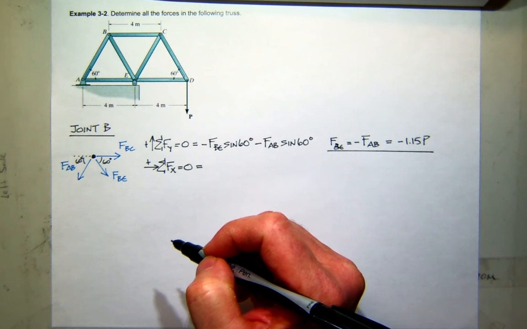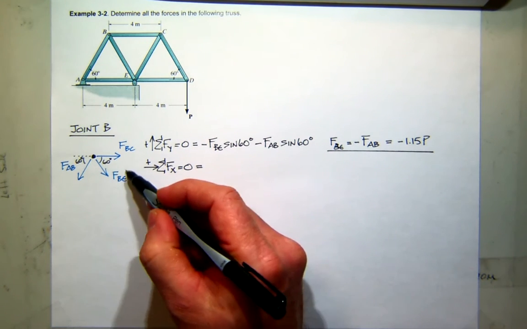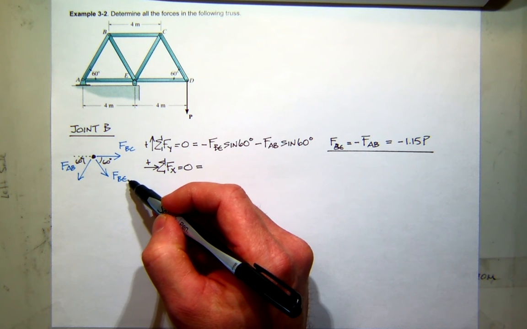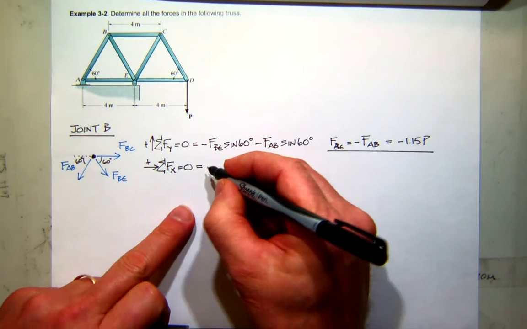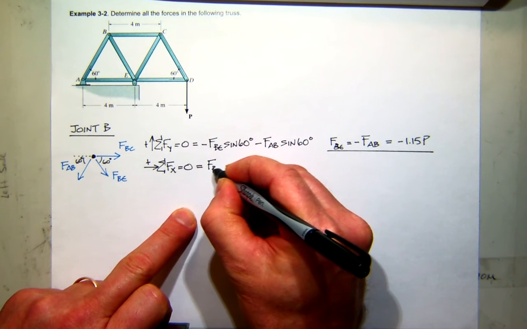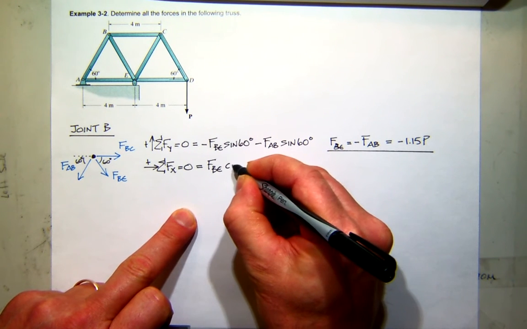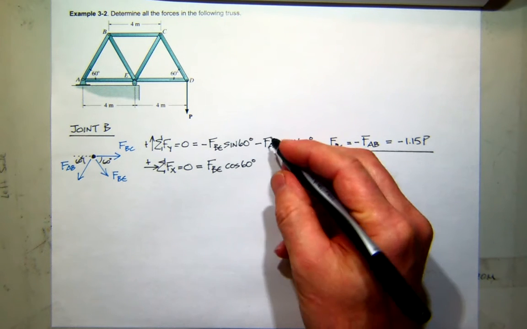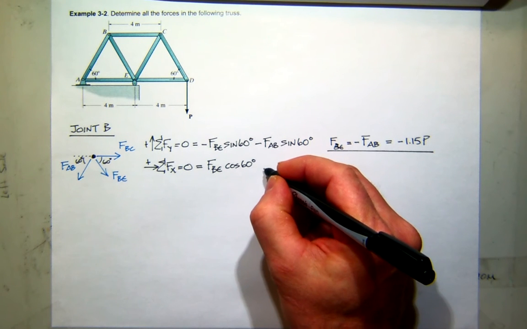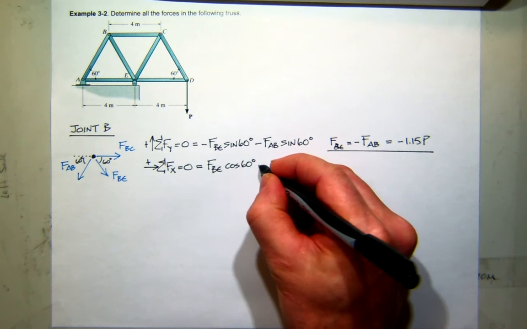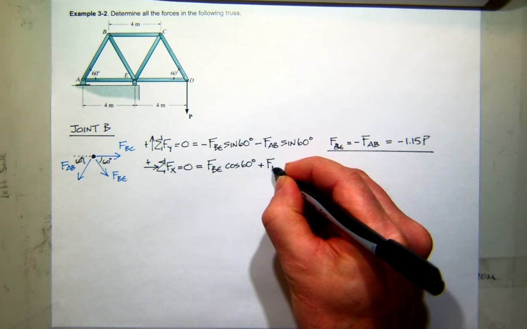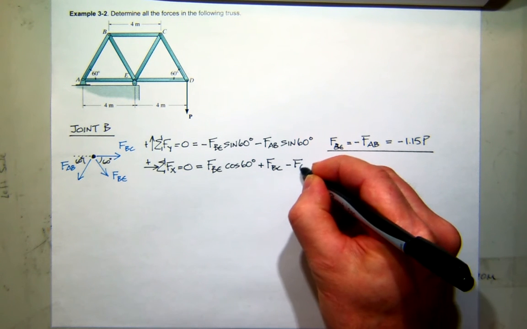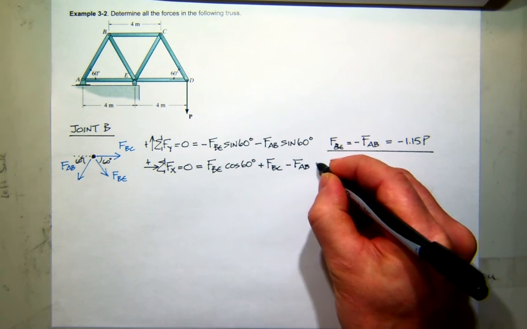Are you taking all of FBE or just the X component of it? Which is? Cosine. Right. So we got FBE cosine 60. What else is in the positive direction? FBC. Right. Is there something in the negative direction? And then minus FAB cosine 60. Correct.